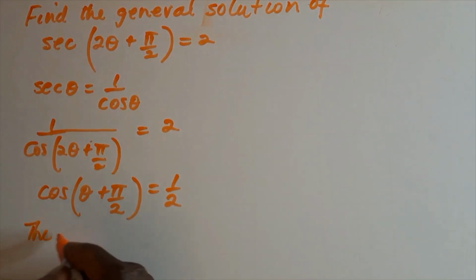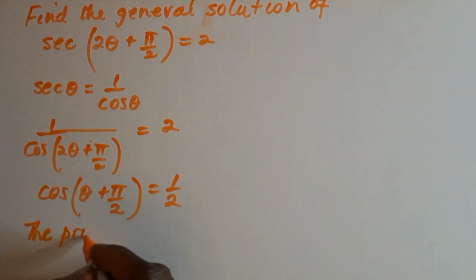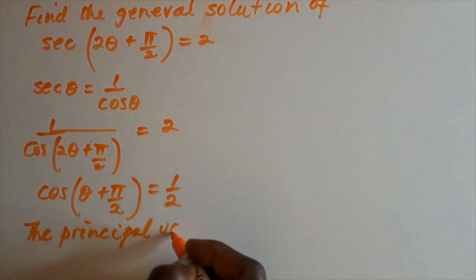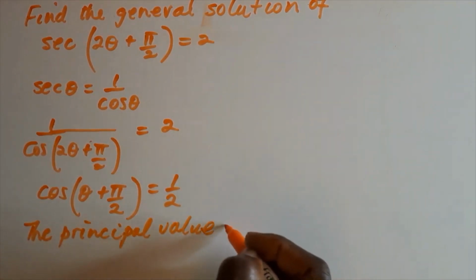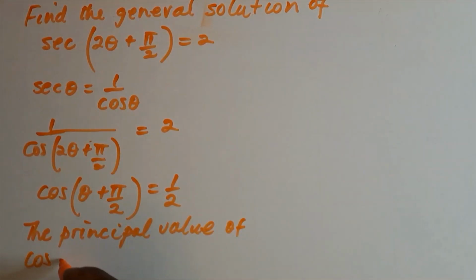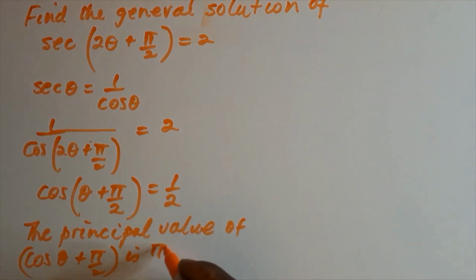The principal value of cosine inverse of a half is pi over 3.